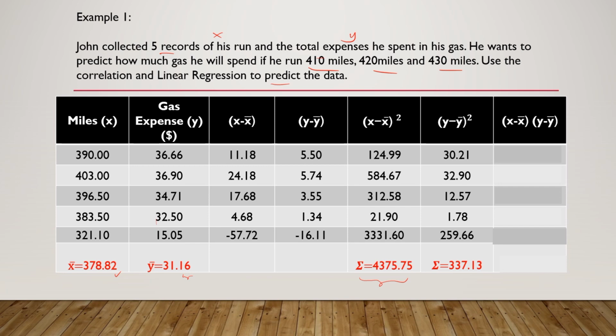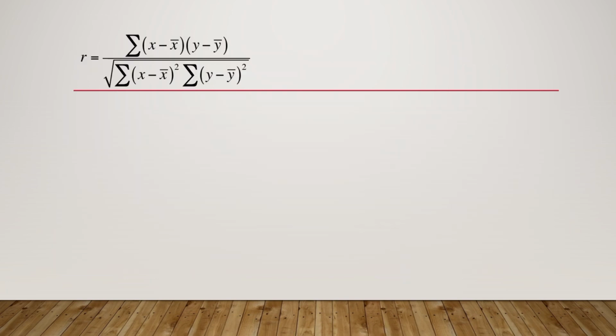Then for the last column, the product of these two, we'll have 61.45 for the 5 values. And then, again, we need to get the summation of these 5 values, and that is 1,199.99. Now that we have completed this table, let's proceed with the computation of our Pearson's correlation.